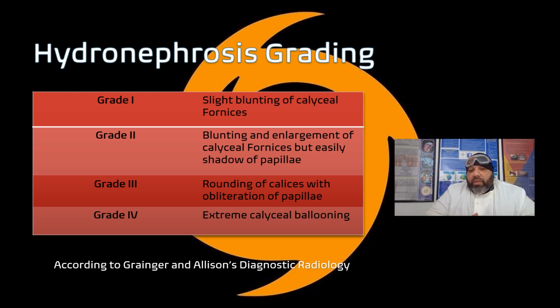In grade 3, there can be a rounding of calyces with obliteration of papillae. And in grade 4, there can be extreme calyceal ballooning, where hydronephrosis can cause more renal parenchymal damage.